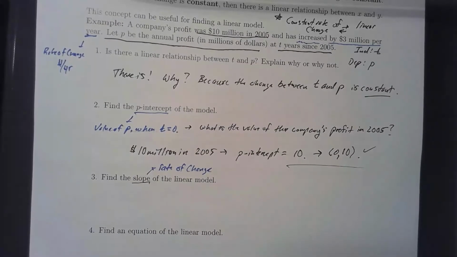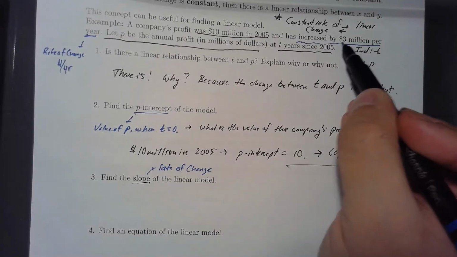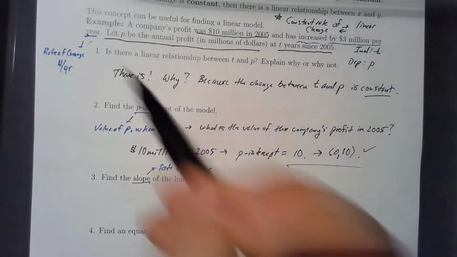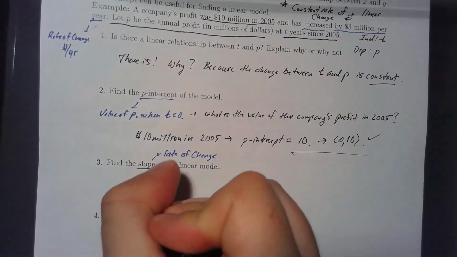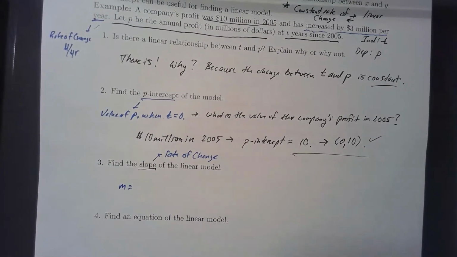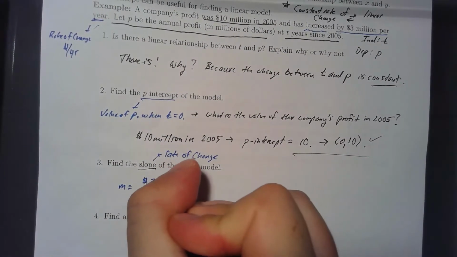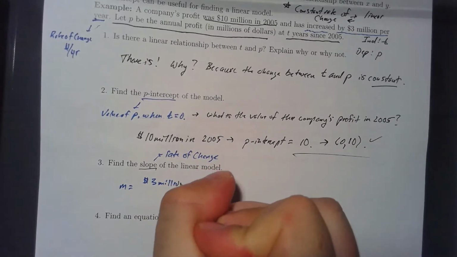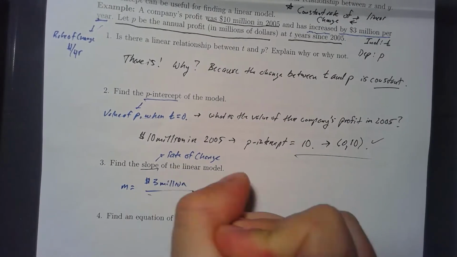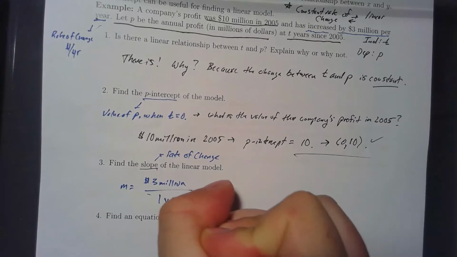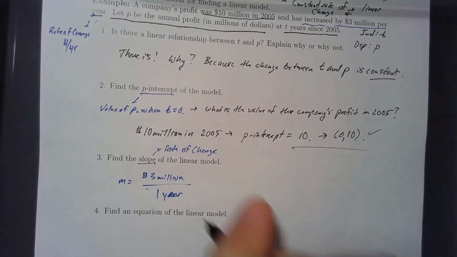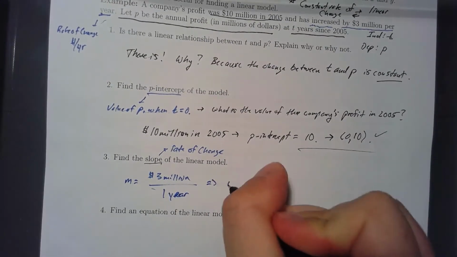I already identified it. It's right here: $3 million per year. So the slope, which is the rate of change, is $3 million per year. Or I could just say slope is 3.